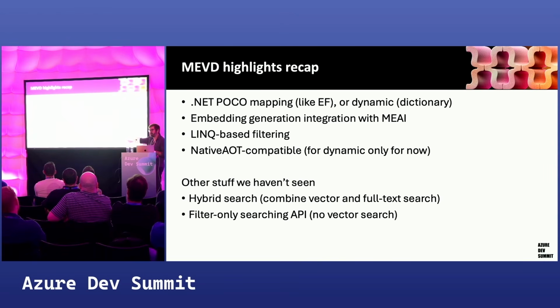Just honorable mentions for stuff I didn't have time for. There's something called hybrid search, which is a very overloaded term. It turns out it frequently makes sense to combine vector search, what we saw, which is based on meaning, and traditional full-text search, which is based on the words, like the shoe and shoes sort of search that I mentioned before.